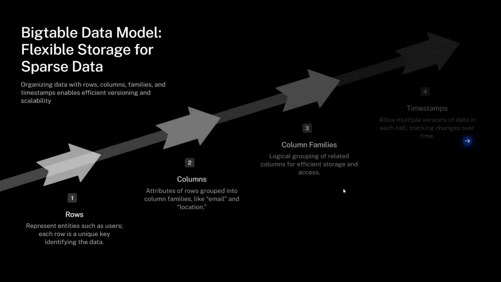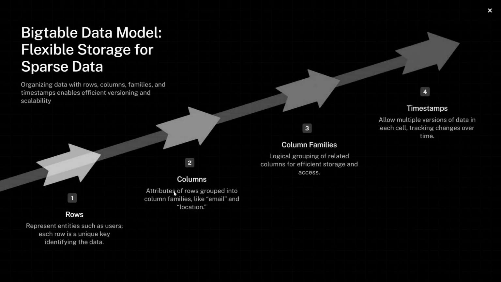Okay, let's continue. The row key is a unique identifier such as user 6456 and determines how data is distributed. A column family groups related columns, like profile.